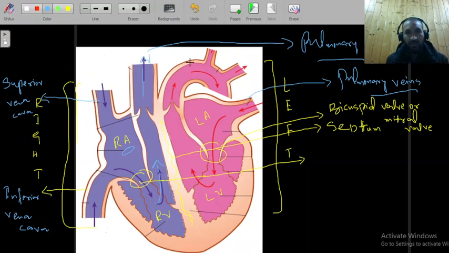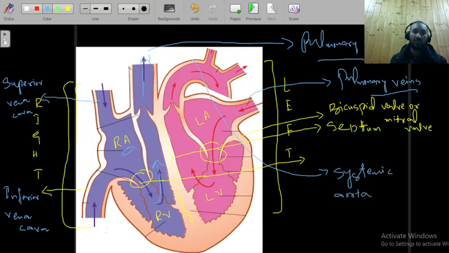This big artery is referred to as the systemic aorta, or simply you can call it aorta. So it branches off into different branches, carrying blood to different parts of your body, to the superior part, to the inferior part, to the body trunk, so to different parts of your body.